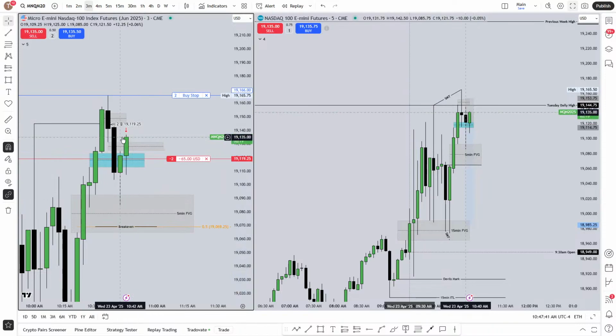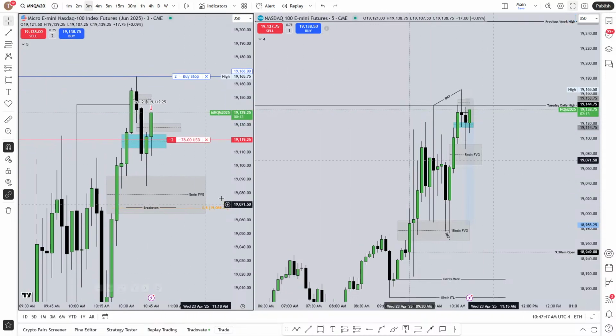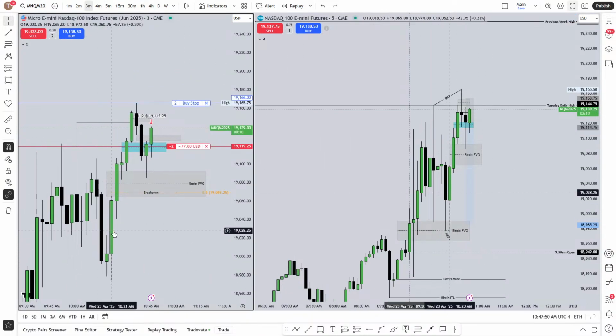Yeah. So if we close above this, I don't care what happens. I'm just getting out of this early, which it looks like it's about to happen. Which is unfortunate because I called this move out perfectly and my limit was a tick away from getting hit.